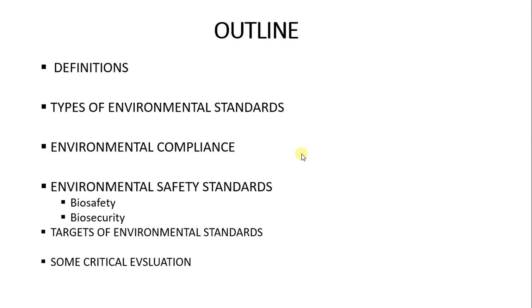When we talk of biosafety, we are talking about biological integrity, and we are trying to conserve, preserve, and maintain the integrity of the ecology, the ecosystem, and the integrity of human health.